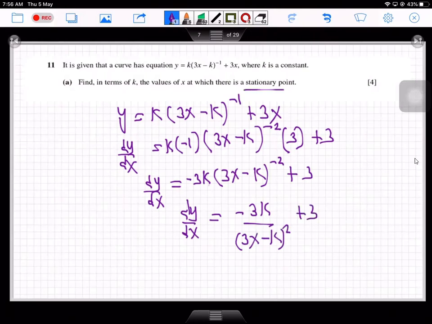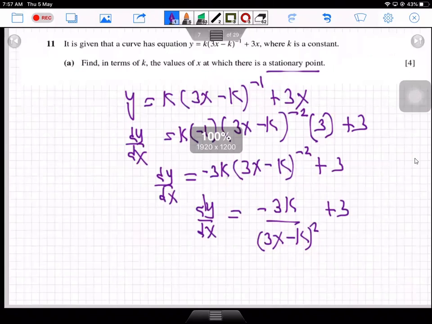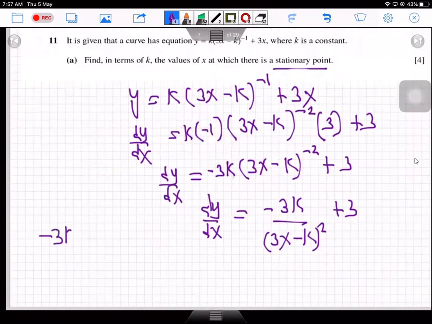So for the stationary point, you need to keep dy over dx equal to 0. So minus 3k upon (3x minus k) the whole thing square, plus 3 is equal to 0.